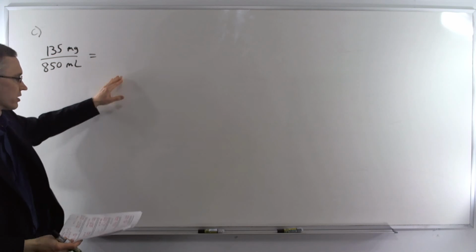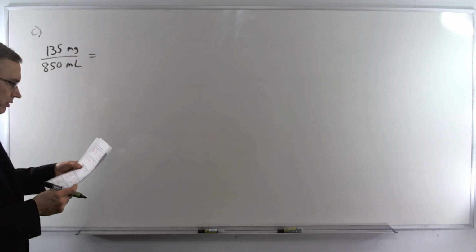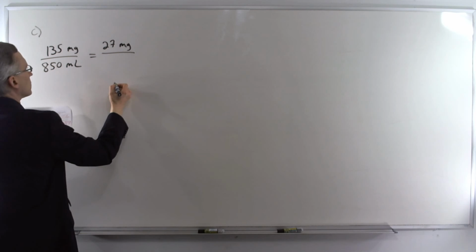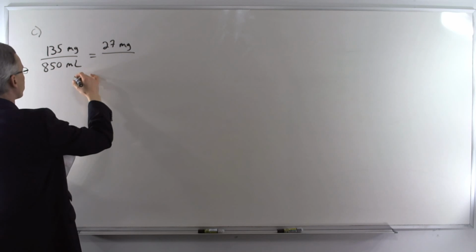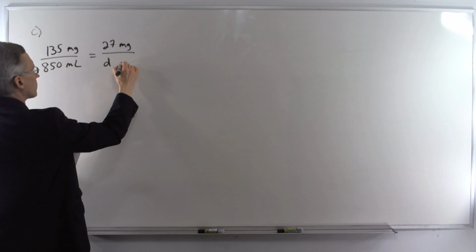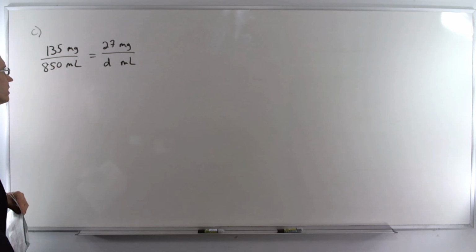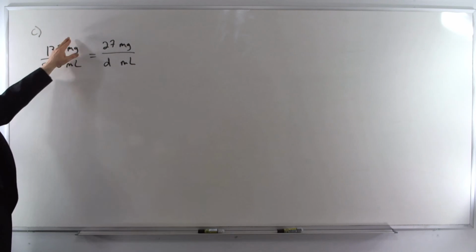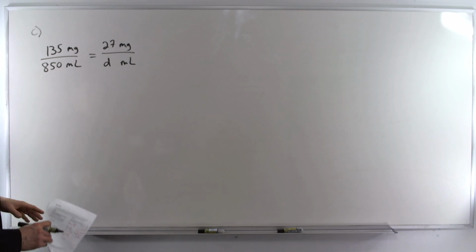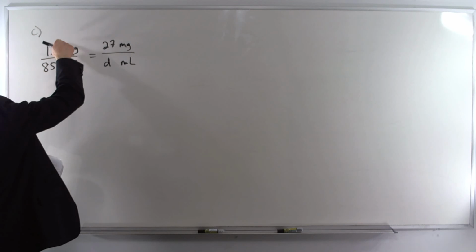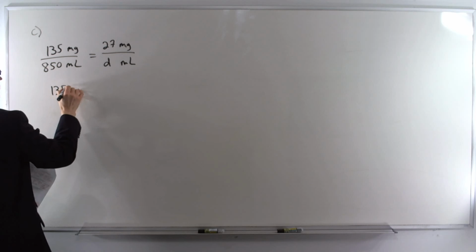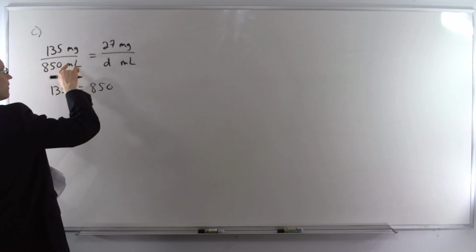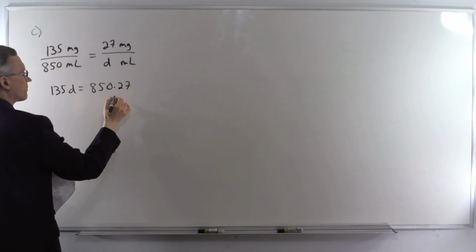Now here's for the dosage. 27 milligrams. And we don't know how many milliliters of liquid. So D for dosage, D milliliters. So you got milligrams on top, milliliters on the bottom in both of these rates. Now we can cross multiply. 135 times D. And the other cross product, 850 times 27.